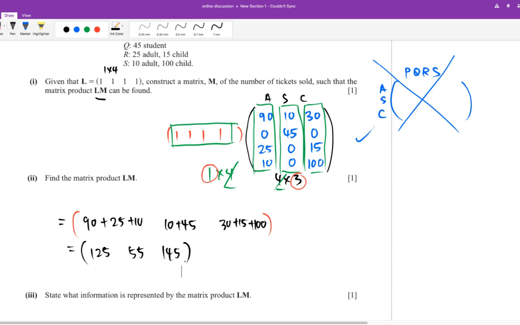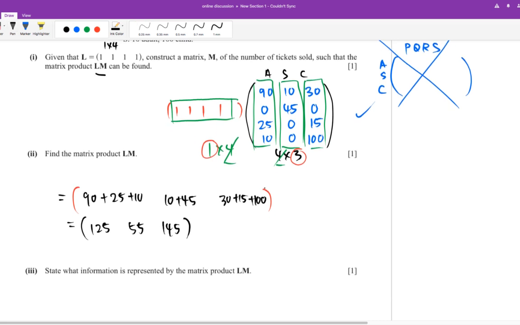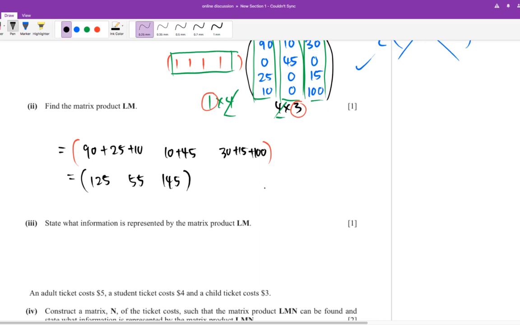When you join them together, you should know, imagine this one is for cinema P, Q, R and S. So when you multiply them, basically what are you getting? Because the next one asks you to state what information is represented by LM, the product of LM.